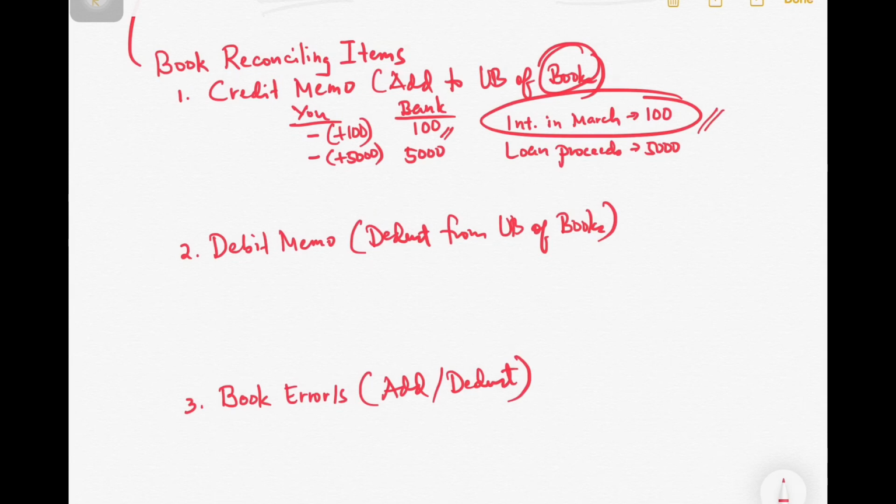Another example. What if you have a customer? Customer paid. But instead of paying to you directly, the customer decided to just deposit it in your bank account. And let's say the amount is 2,000. So in this case, the bank will record it because it's a direct deposit by the customer to the bank.